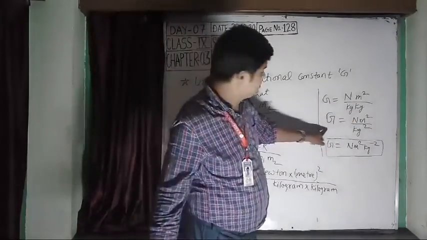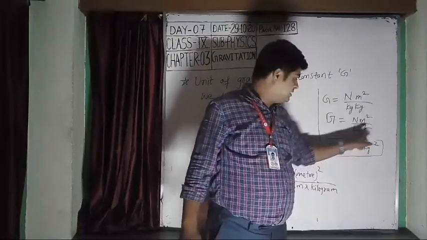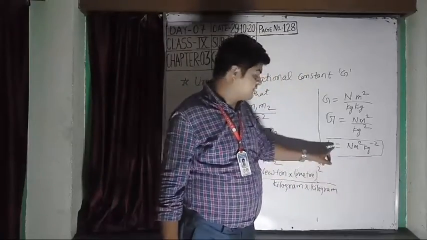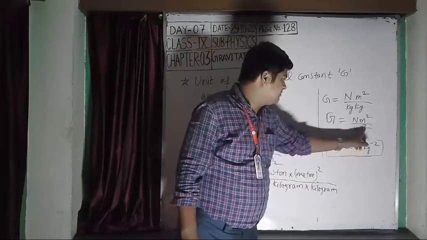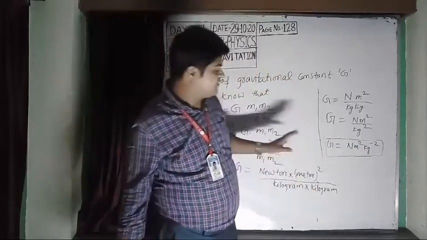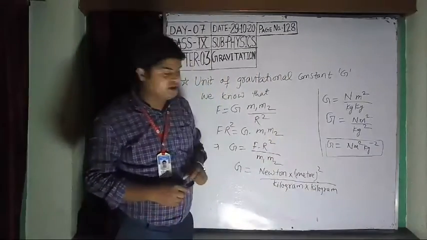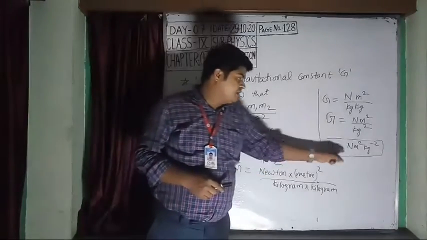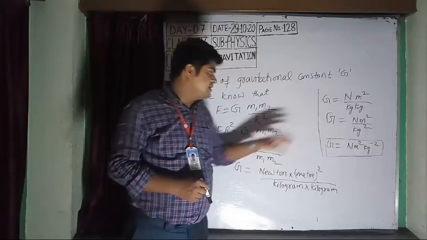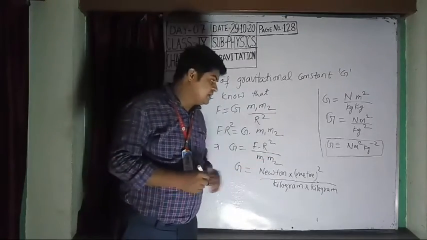So G is equal to Newton meter square by kg square. So we can say that G is equal to Newton meter square kg minus 2. So the SI unit of gravitational constant G is Newton meter square kg minus 2. Now let us see the next topic.